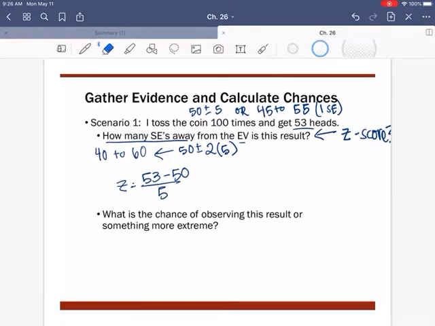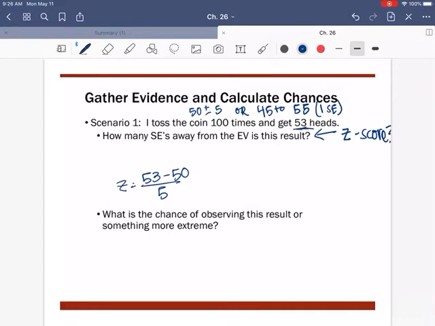Okay, 53 minus 50 over the standard error of 5. Oh my goodness, you guys. 53 is within 1 standard error away. Just messed that up. Okay, so 53 is within this range. To be exact, it's 3 out of 5 or 0.6 standard errors away from the expected value.